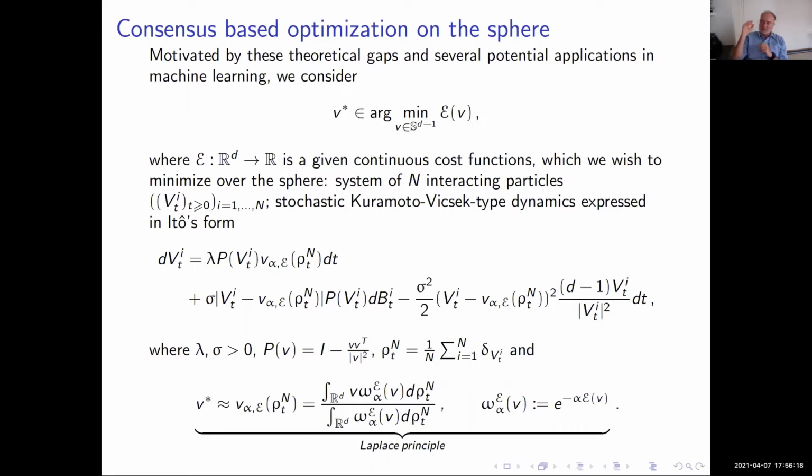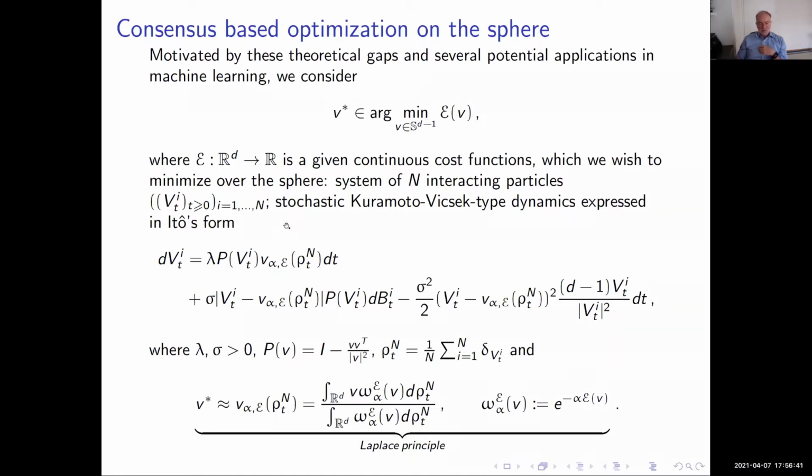And it moves in the direction, in a certain sense, of this consensus point, but actually in the sense of the tangent projection. This is the deterministic drift.